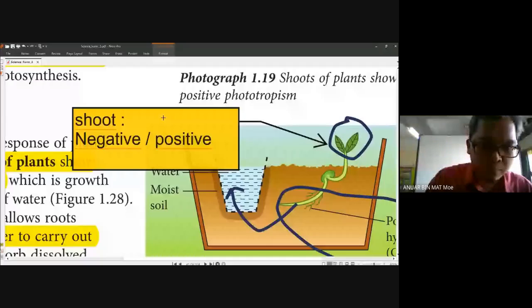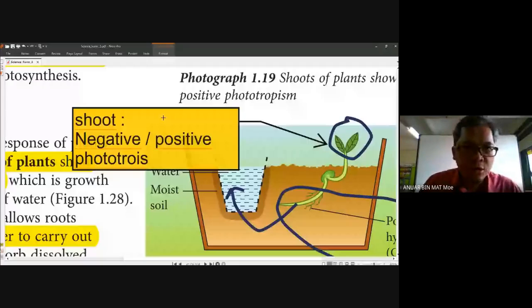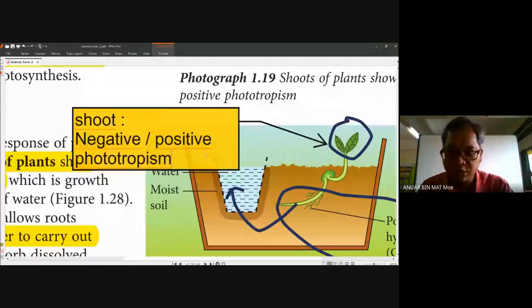Sorry ya. Negative or positive phototropism. Okay, if I ask the question, should negative or positive phototropism?